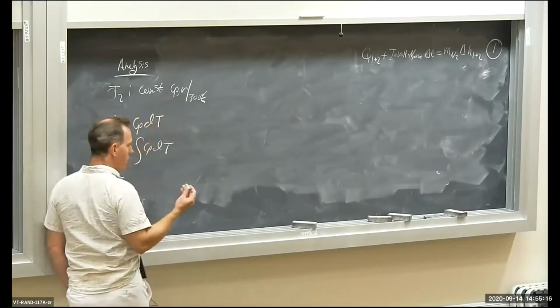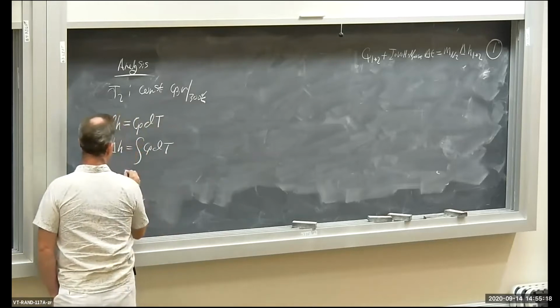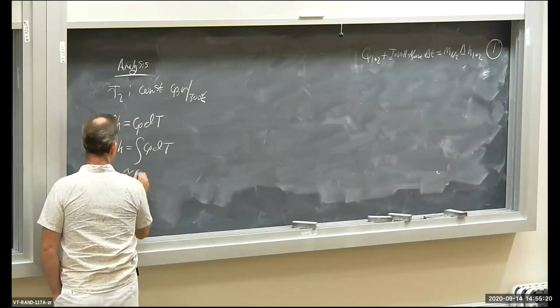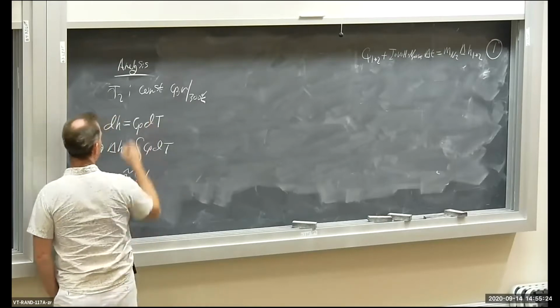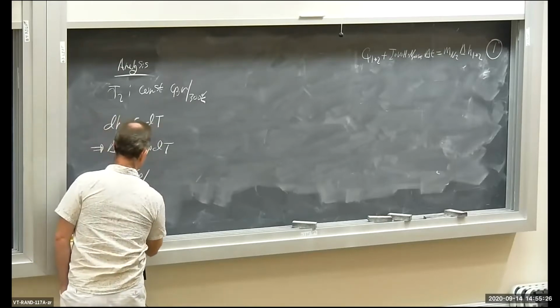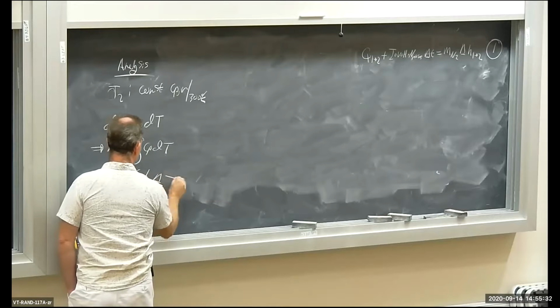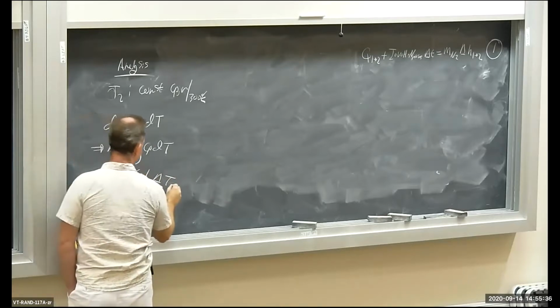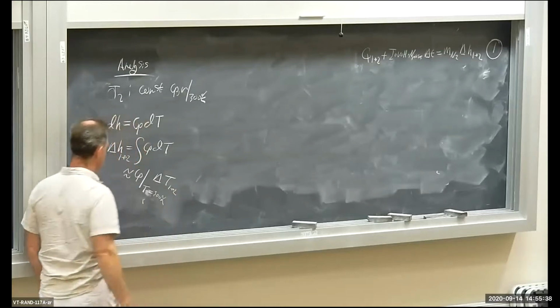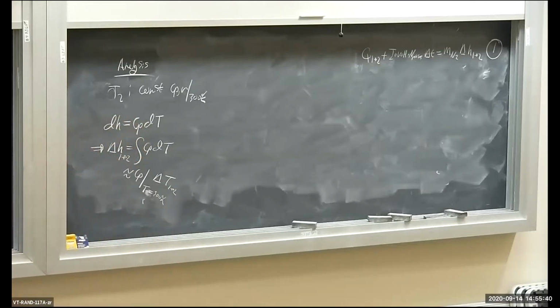And if we assume constant specific heat, we get approximately Cp evaluated at some temperature. We're going to evaluate it at 300 degrees Kelvin, times delta T. And this is going to be delta H and delta T from state 1 to state 2, okay?